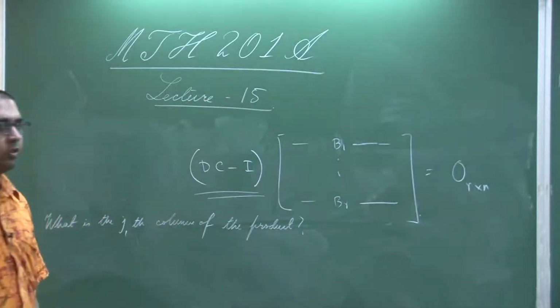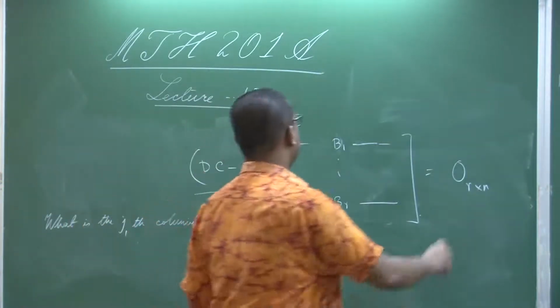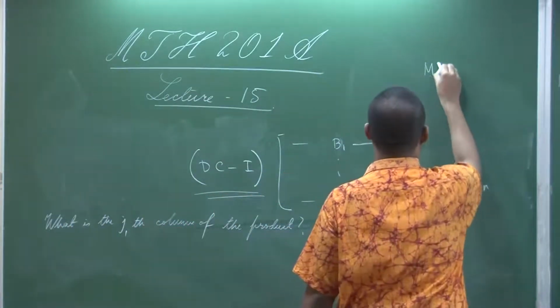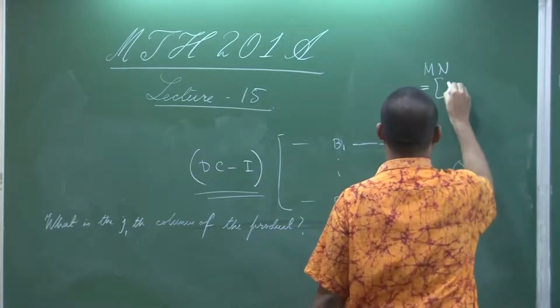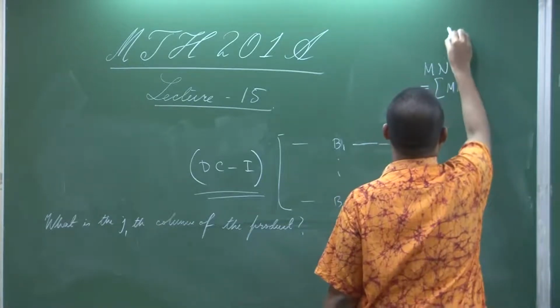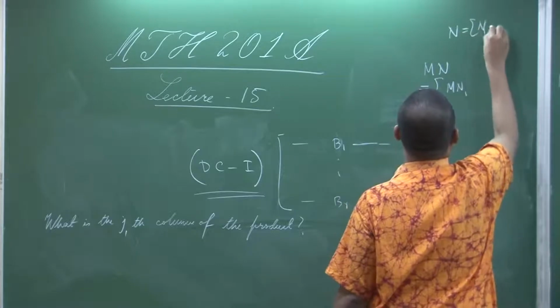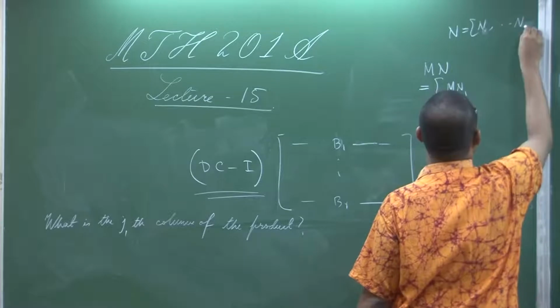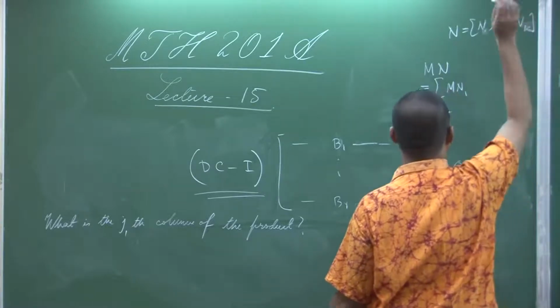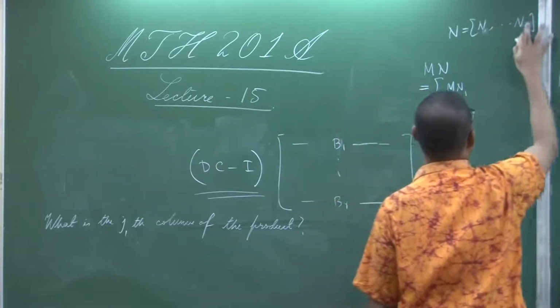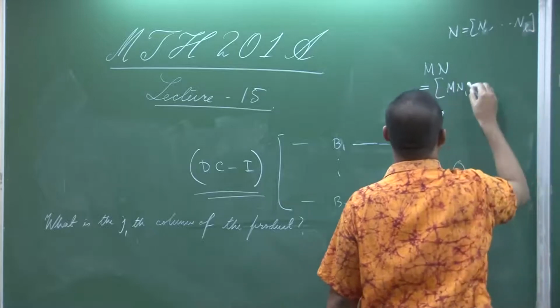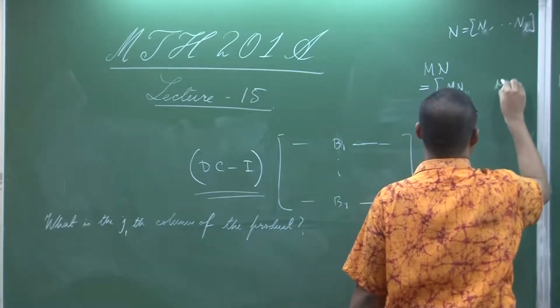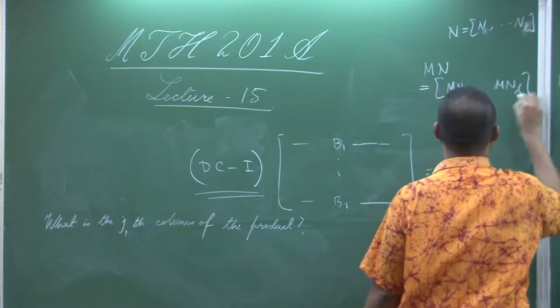For a product, let us say you have two matrices M and N. If N has the columns N1 up to NL, then the columns of the product should be this.